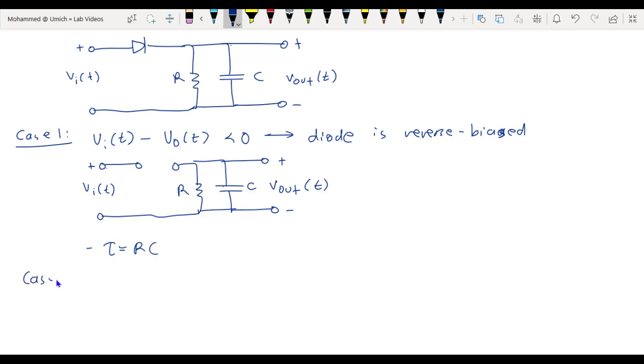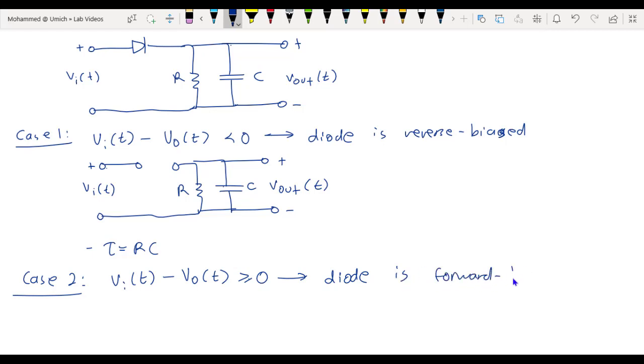Now case 2 is that V in of t minus V out of t is greater than or equal to 0, which tells us that the diode is forward biased. Now, using the piecewise linear model, we can replace the diode with an ideal diode, a voltage source, and a resistor of resistance R_D.